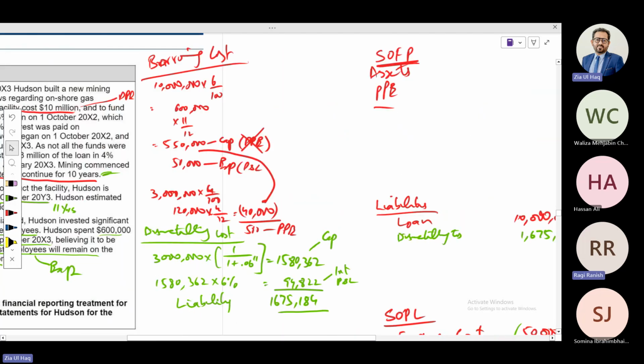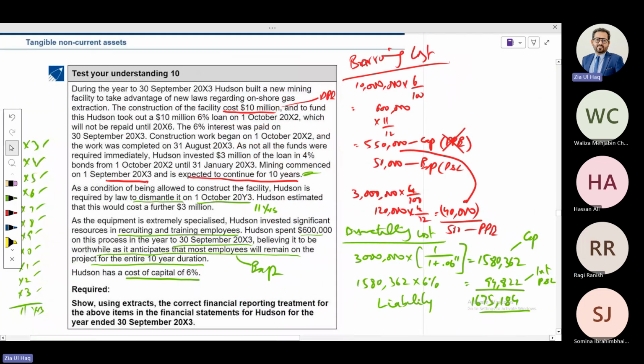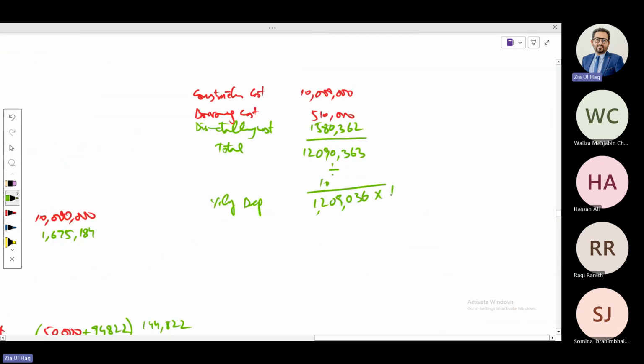How much depreciation should be charged for the current year? When the asset was ready for use. Mining commenced on 1st September, meaning it was ready for use on 1st September. So if the current year end is 30th September, how many months of depreciation should be charged? 1 month only.